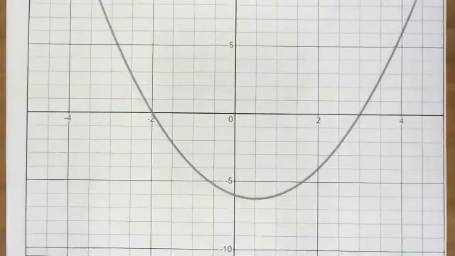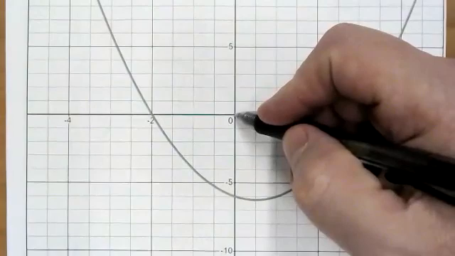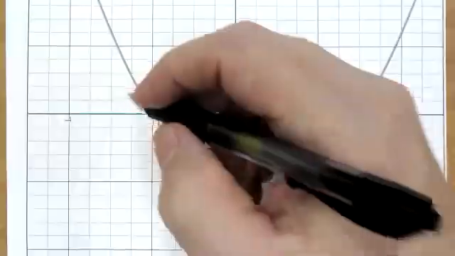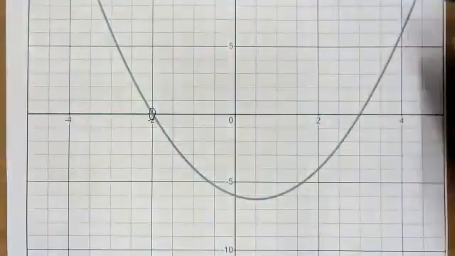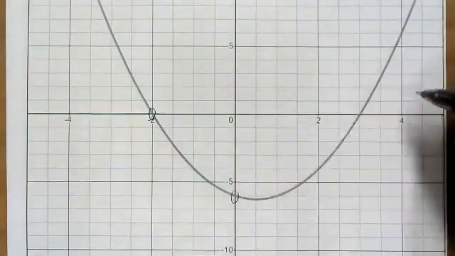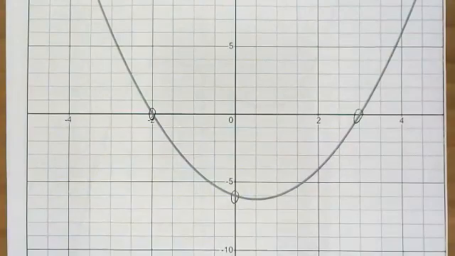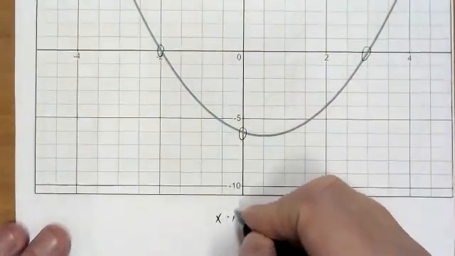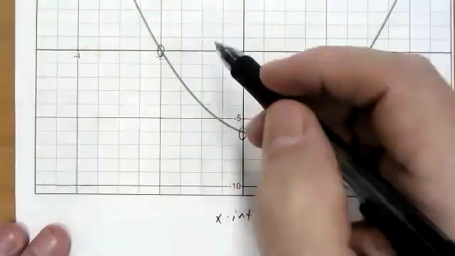It's like another parabola. So here's the origin, just to get your orientation. It looks like we have an intercept here across the x-axis, we cross the y-axis, and then another x-intercept. So we were asked, what are the x-intercepts?